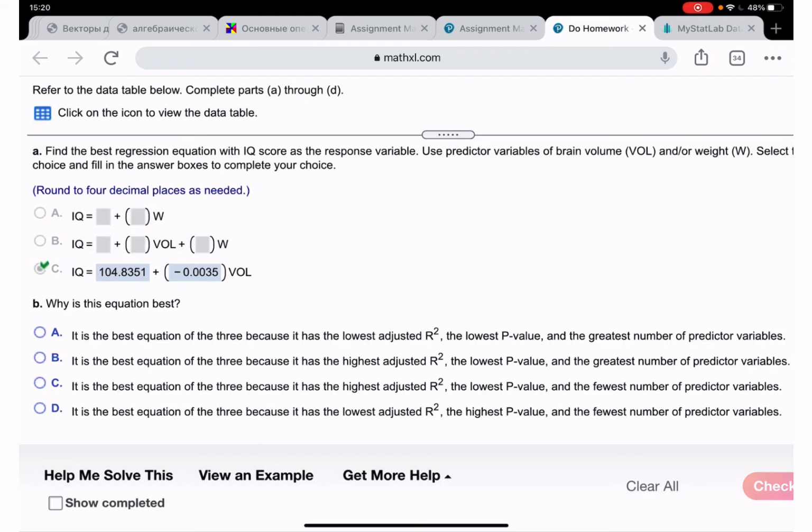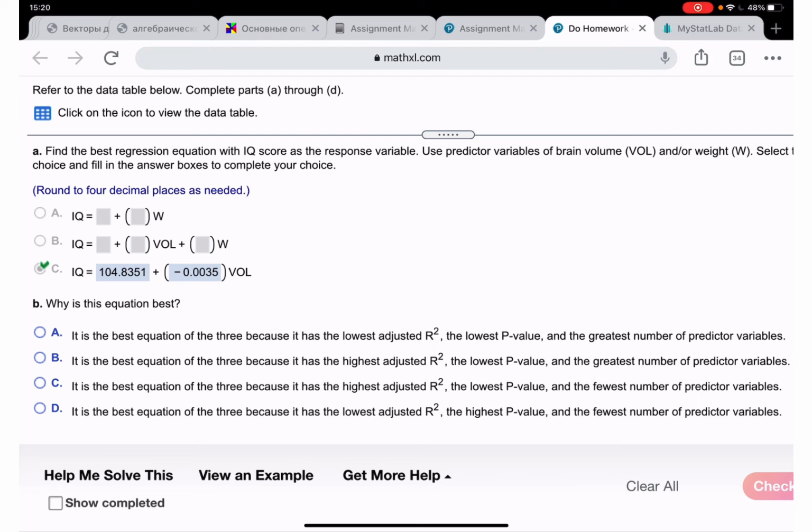Okay, we have it. So, why is it the best? Again, because it has the highest adjusted R squared, which means it's closer to R squared, right? Then less mistake, and the lowest p-value.